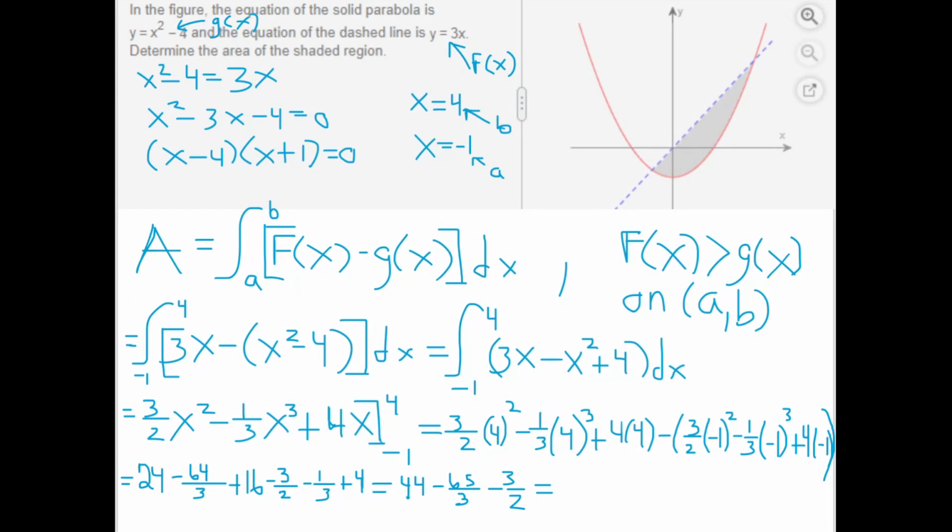So 44 times 6 is going to give us 264, and we'll just put over 6. Minus the 65 over 3, we're going to have to multiply the top and bottom by 2 to get a 6 on the bottom. So that's going to be minus 130 over 6. And then the minus 3 halves, we multiply by 3 on top and bottom to get a 6 on the bottom. It's going to be minus 9 over 6.